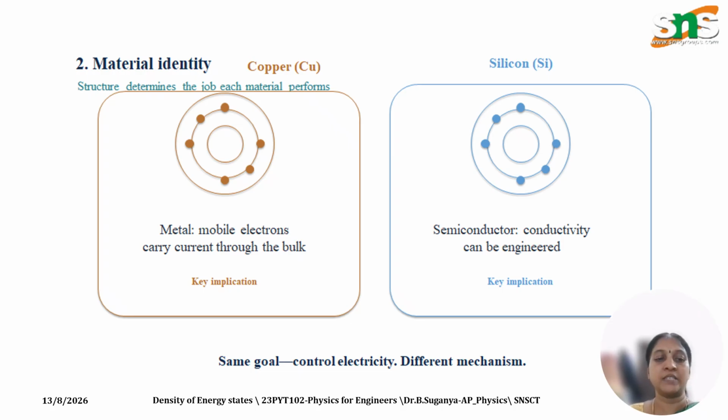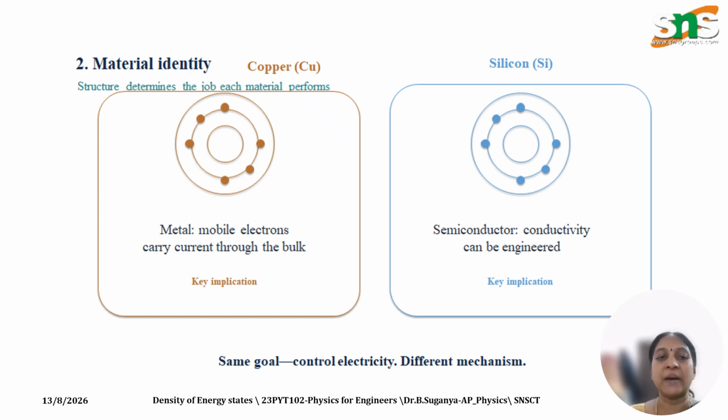At low temperature, very few electrons are available for conduction, and when energy is supplied, some electrons move from the valence band to the conduction band. This produces electrons and holes which contribute to electrical conduction. The energy gap of silicon is approximately 1.12 electron volts only.